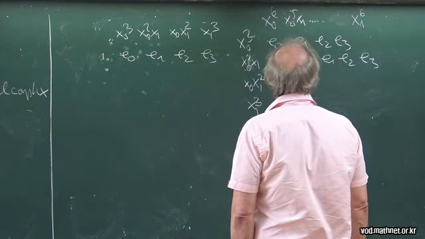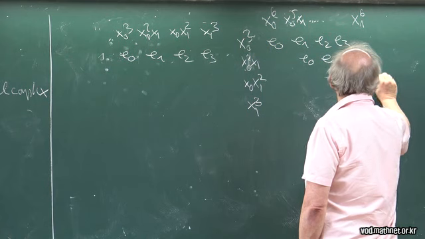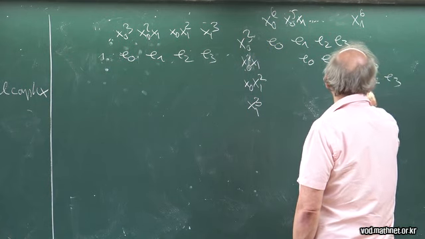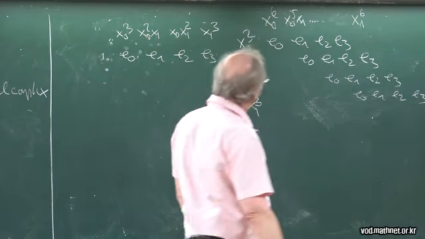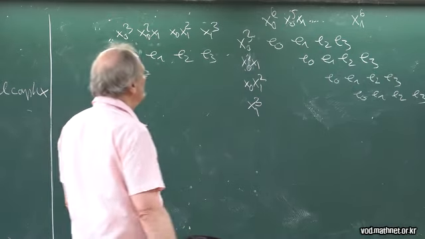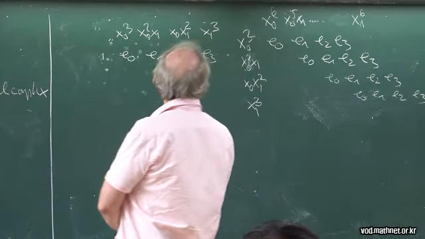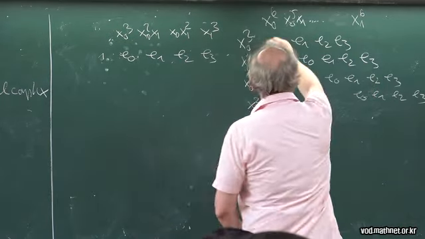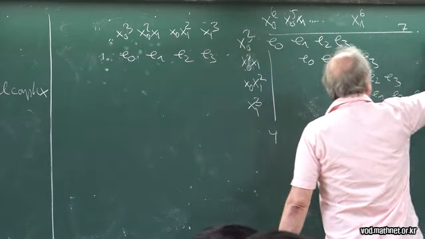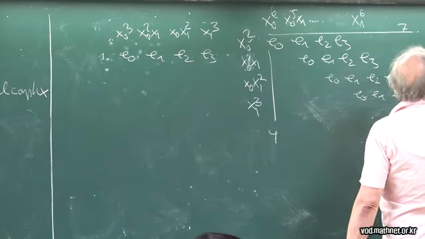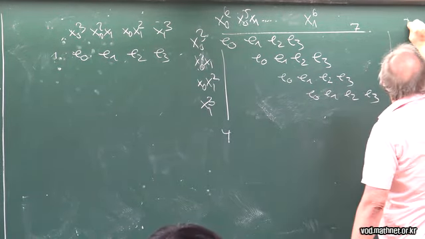So this is now a 4 by 7 matrix, right? It's 4 by 7. And the next matrix is of course a 7 by 10 matrix.